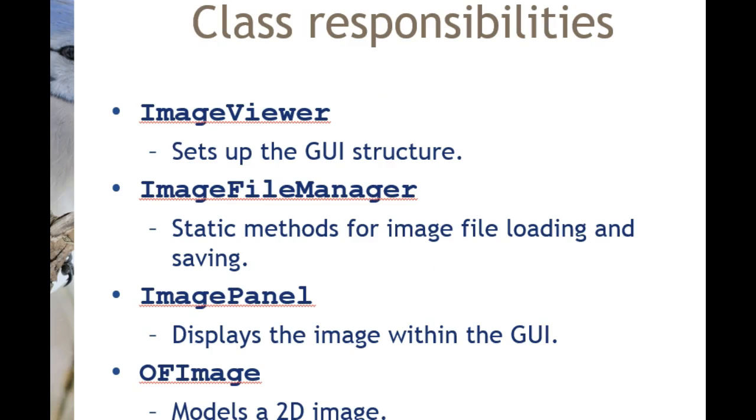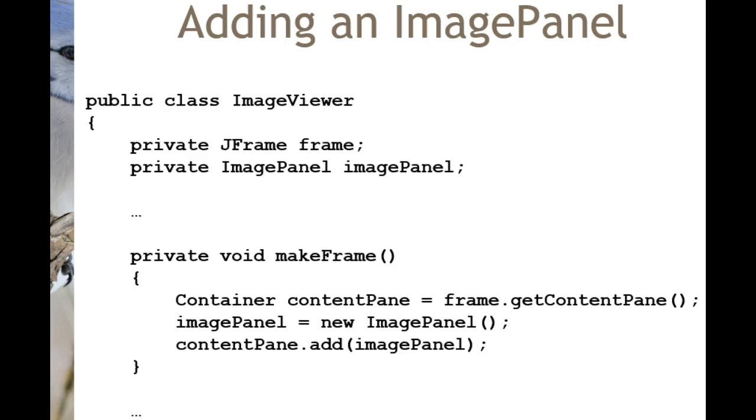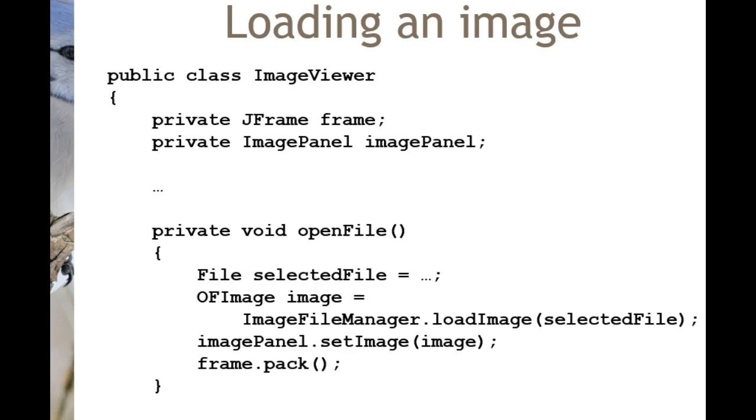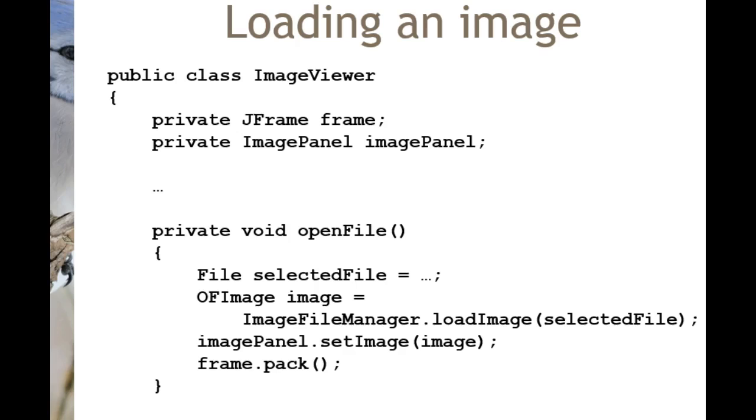So these are the class responsibilities that we just talked about: the OFImage, adding the ImagePanel, loading an image. For adding an image in here, we can see that we use the JFrame here, and then we have the ImagePanel.